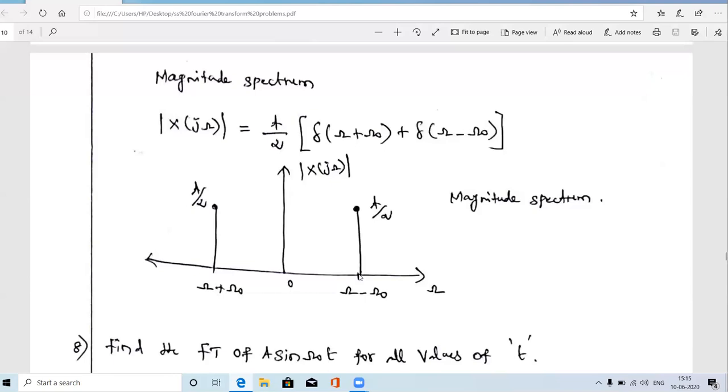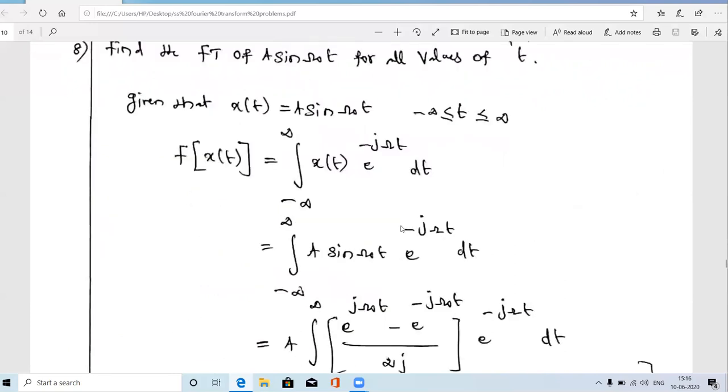Impulse means that at the particular instant only, the signal is available with some amplitude. What is the amplitude? A by 2. Similarly, del of omega plus omega naught we have to draw to the left side by the amount omega naught, with amplitude a by 2. Okay, so this is the magnitude spectrum of the cos omega naught t problem. This is one type of cos omega naught t problem.